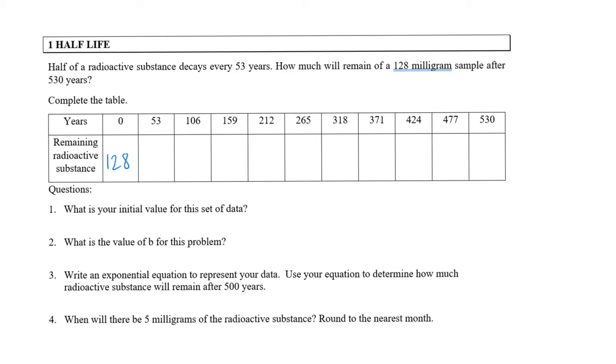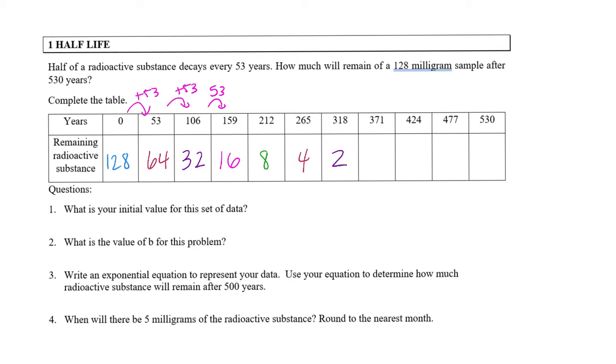So half of 128 is 64. Half of 64 is 32. Half of 32 is 16, because if you notice, each of these is going up by 53. So each of these are 53-year increments. So then it's cutting in half every single time. Half of 16 is 8. Half of 8 is 4.